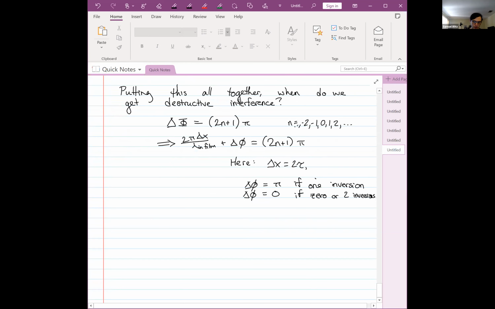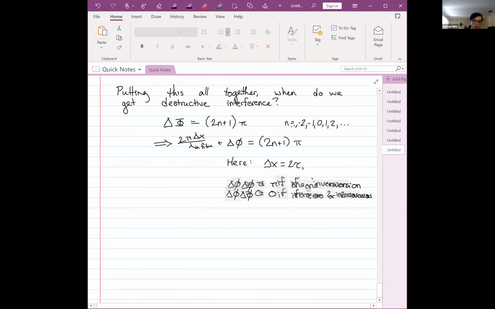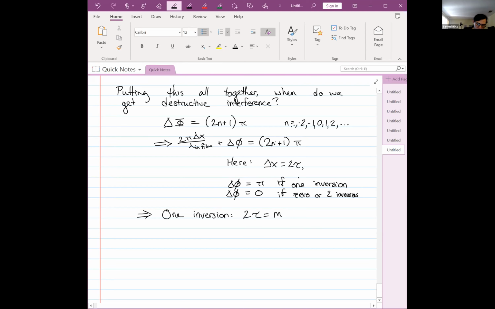So putting these together, combining all these factors, we get that for one inversion, we get destructive interference when 2 tau is equal to m, oh, I should be using m there, not n, because n is used for index of refraction, sorry.